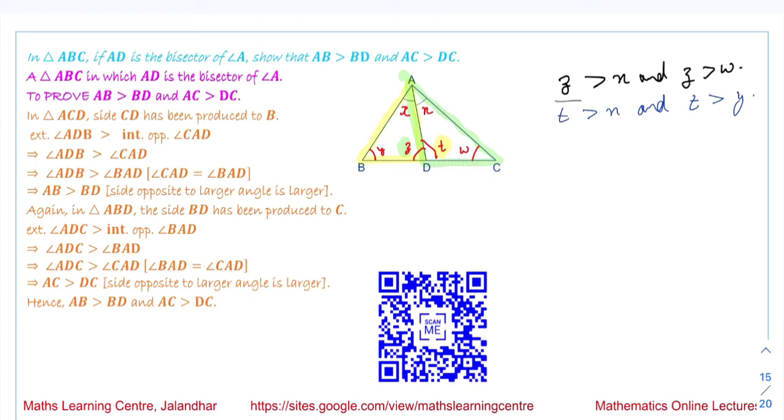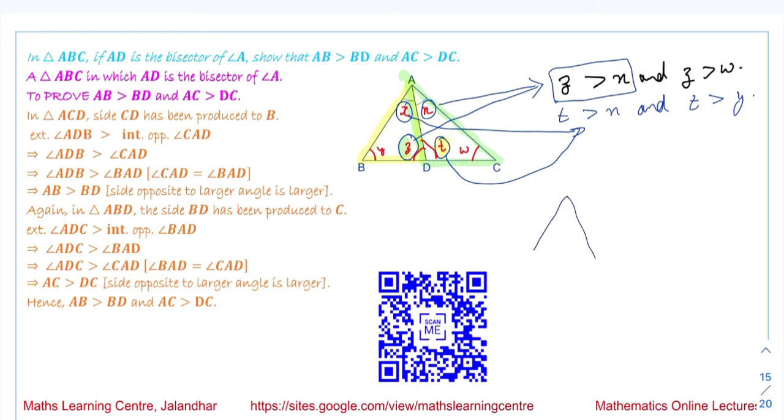Now if we look at this equation, we are saying Z is greater than X. Using this Z and this X, we are saying that Z is greater than X. Now if we look at triangle ADB, this angle is X and this angle is Z, and X is less than Z. The side opposite to X is BD, and the side opposite to Z is AB.